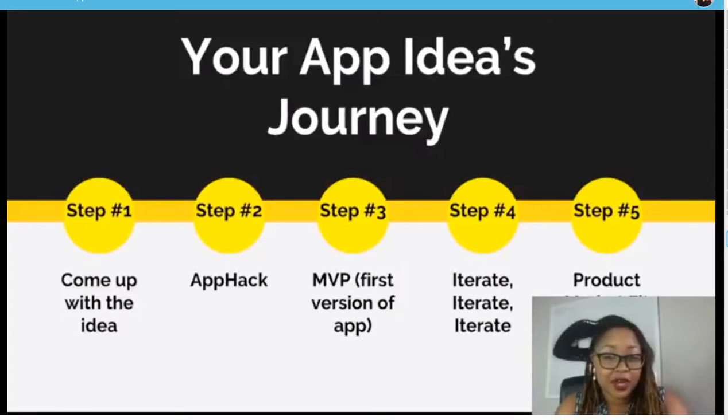Step 4 is to iterate on that MVP. You won't get it perfect the first time or the second time, so you're going to have to keep getting feedback from customers and keep tweaking and updating it until you get it right, till you get to step 5. That is when you hit something called product market fit. It's where you've got the exact right product for the market that you're going after. Does that make sense in terms of a journey?